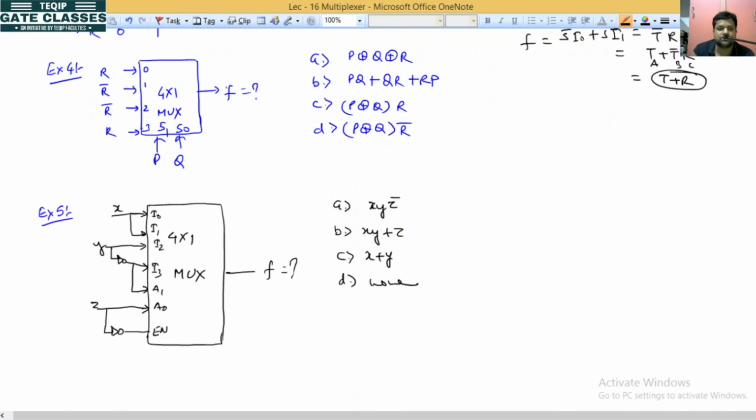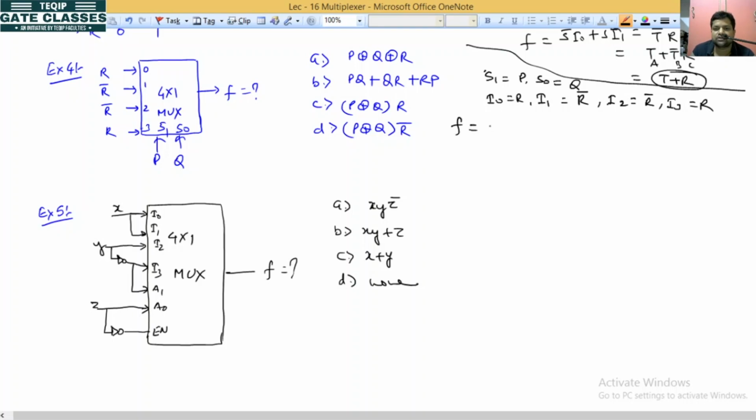Okay, now if you see in this example, we have P and Q as two selection lines. So S1 equal to P, S0 equal to Q, and we have I0 is R, I1 is R bar, I2 is R bar, I3 is again R. So now apply, how do we get this function?